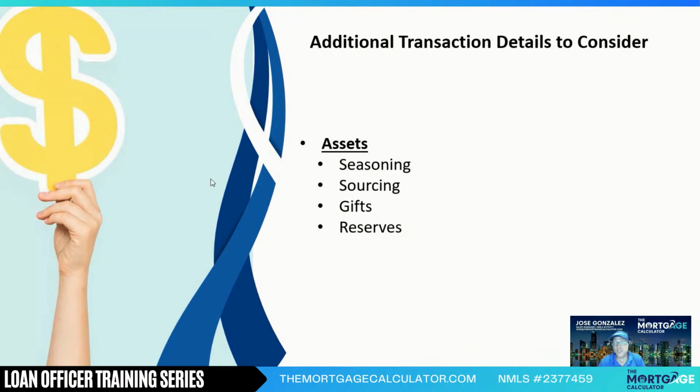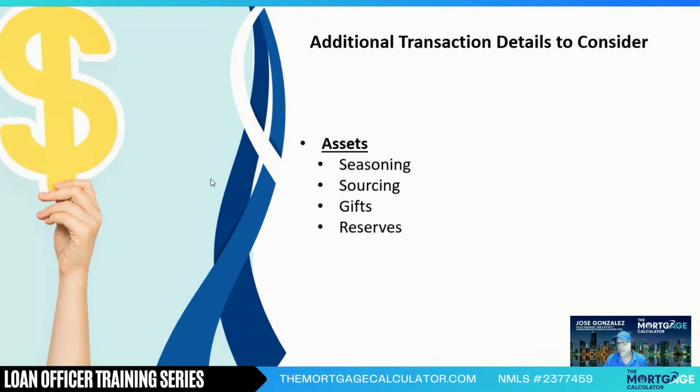Reserves is another requirement, especially for non-QM, especially for DSCR and bank statement, all these alt doc loans. They're going to ask for a certain number of months. It could be 3 months. It could be 6 months. It could be 6 months plus an additional 3 months for every property that they own.